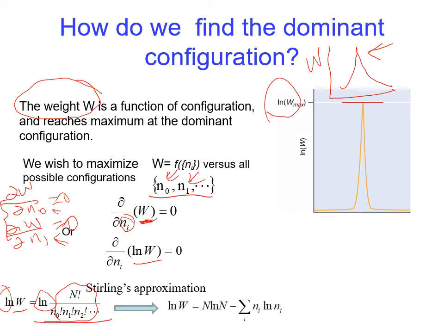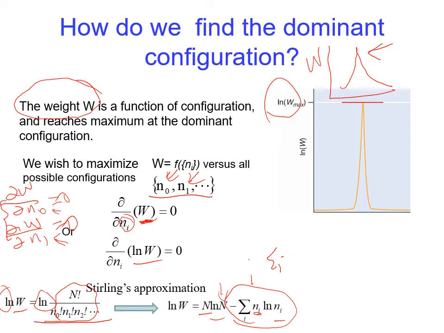So the natural log W equals N ln N, where N is the total number of molecules, minus the summation of N_i ln N_i, where N_i is the number of molecules at energy level i, epsilon i. Remember the summation is among all the energy levels; you add all of them.